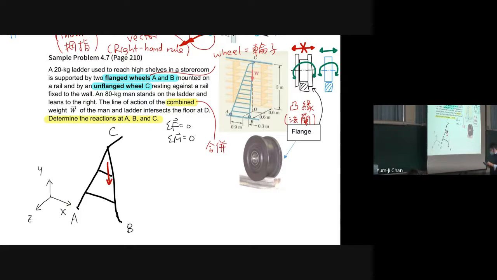The weight W is acting downwards, and it goes down to a point D. Let me draw a point, write D here.